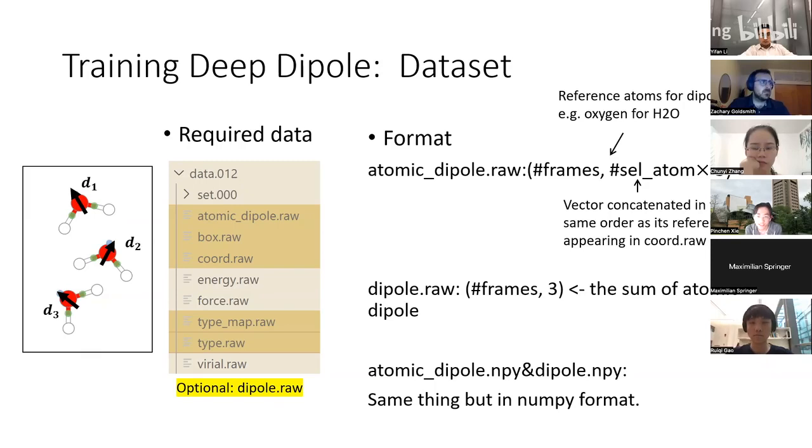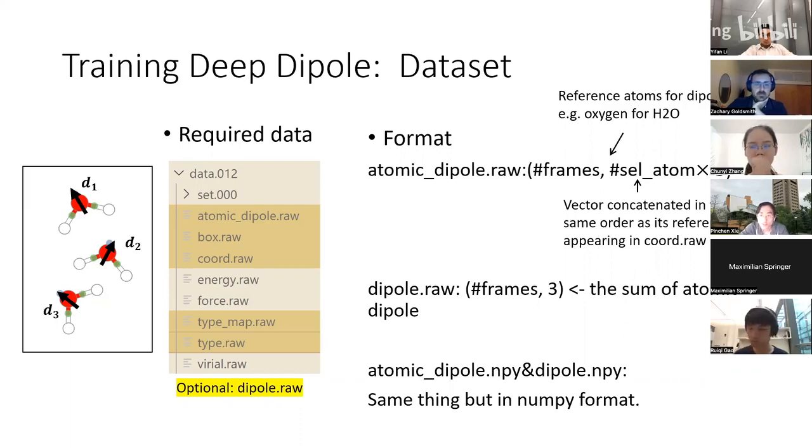You can use ASE to build a neighborhood list for the atom plus Wannier center system, then get the dipole vector for the type of atom you choose to carry the dipole. Like for water, it's the oxygen that you can choose to carry the dipole. After that, you can dump the dipole vector into the raw data file.